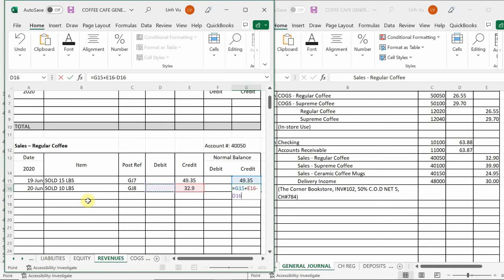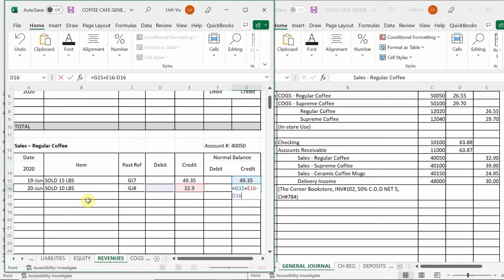Here. 965. Norman, can you calculate this? Looked like Norman slipped out. Oh, he did? Okay, thank you.